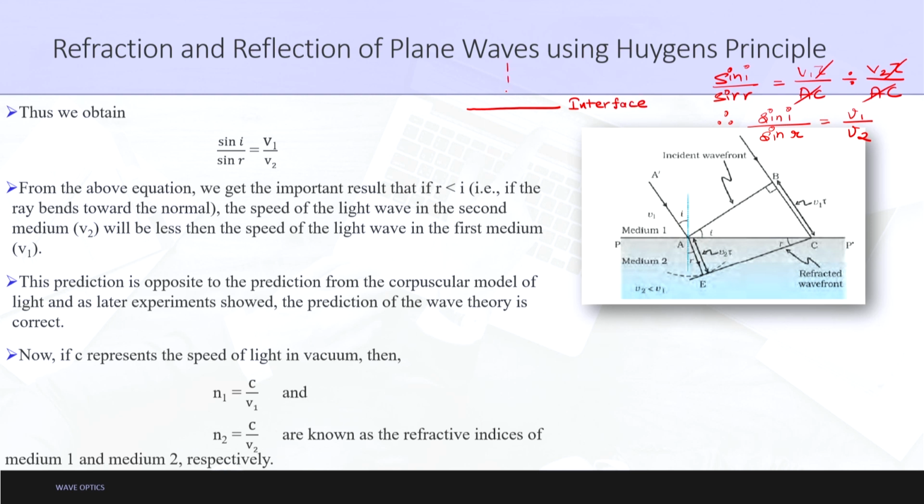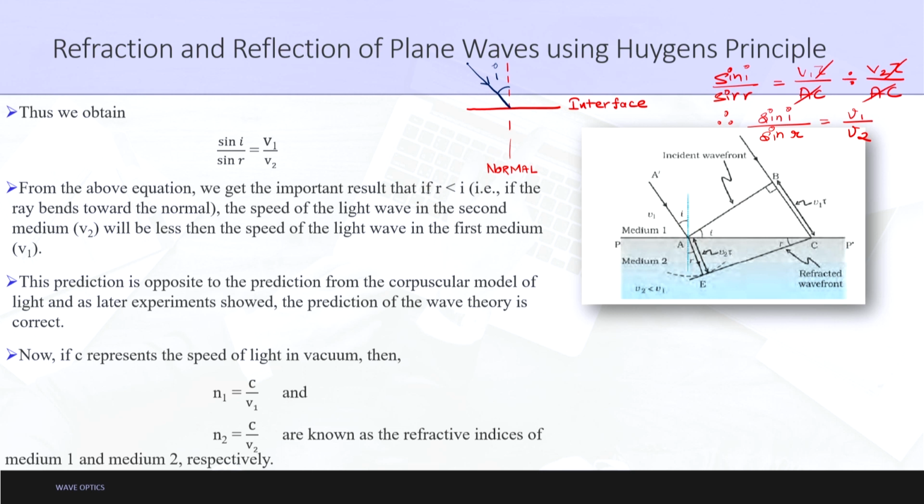If I make a perpendicular to this interface, this is called the normal. Now, let us suppose I draw a line, let me change the color for more clarity. So, let me draw a line like this, let this be the angle of incidence.